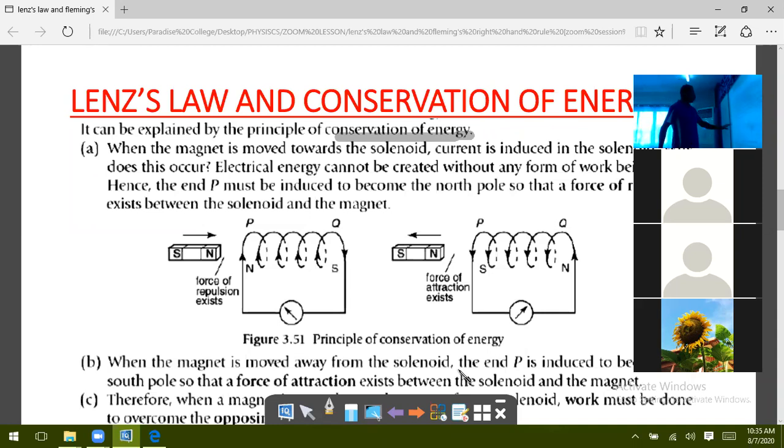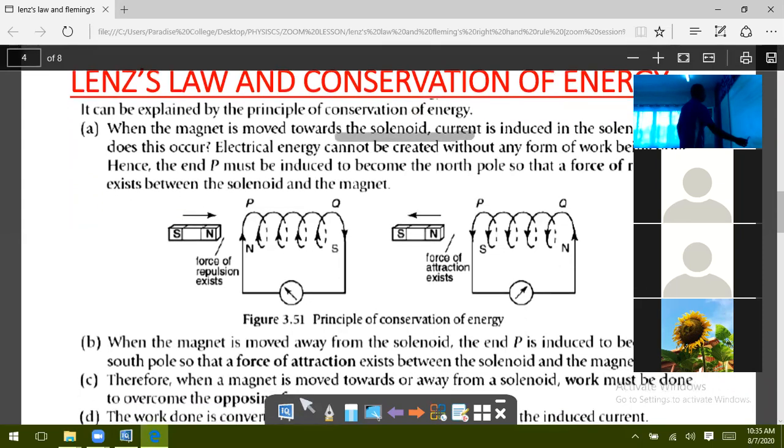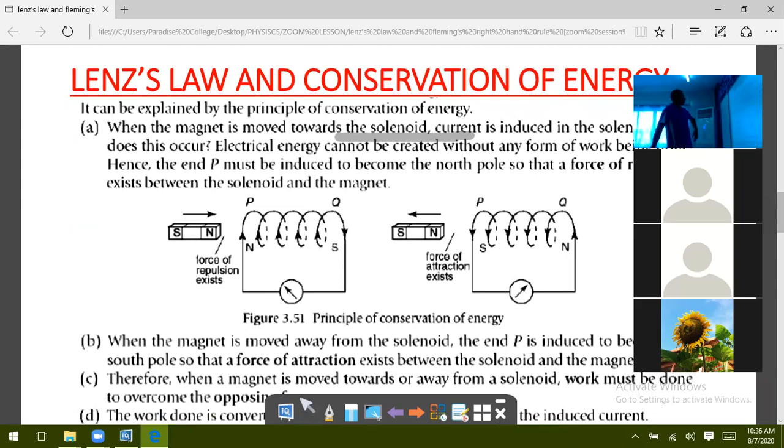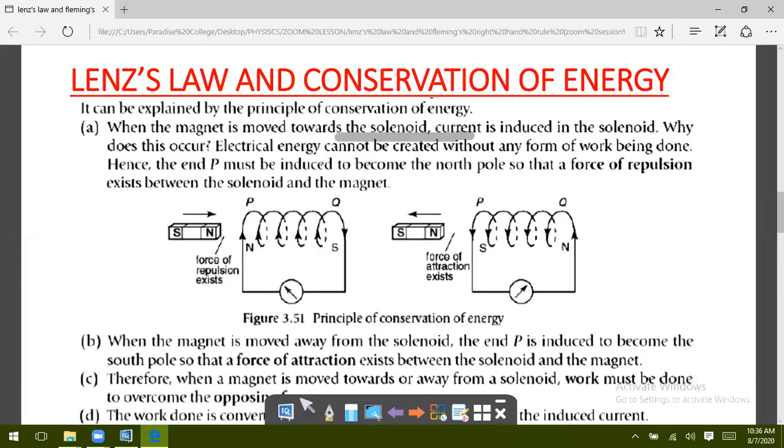And so if you got this bit, we can actually take a look at it. It can be explained by the principle of conservation of energy. What does that mean? It means that when the magnet is moved towards the solenoid, current is induced in the solenoid. Why does this occur? Electrical energy can never be created without any form of work being done.